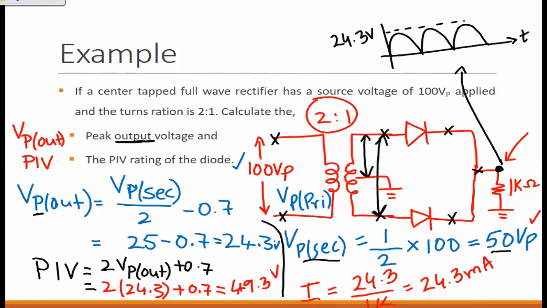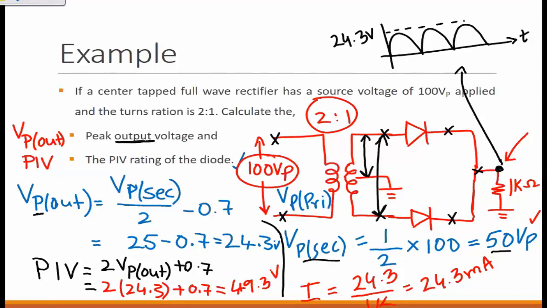Yes, V peak out is the voltage across the resistor, which is at the end of the circuit, right after the diode. The input voltage, if you say VP in, is basically the input voltage, in this case, for example, the 100 volts voltage source. The input voltage is input to the circuit.